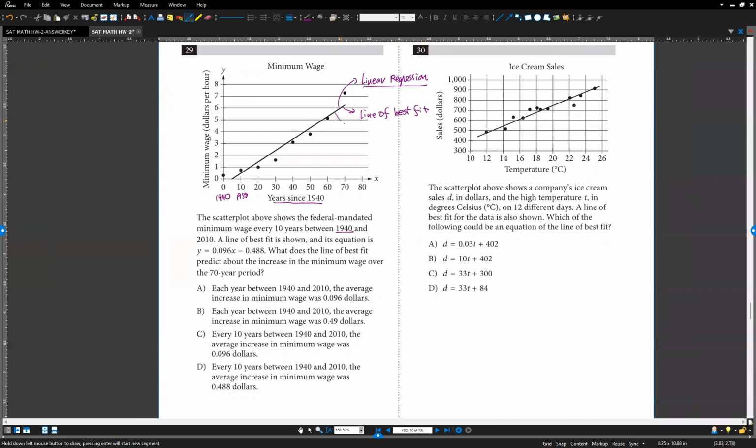This represents the data. This line of best fit is very useful for finding future values, around 100 years. There's no data there, but using this line of best fit, we can find the minimum wage 100 years after.